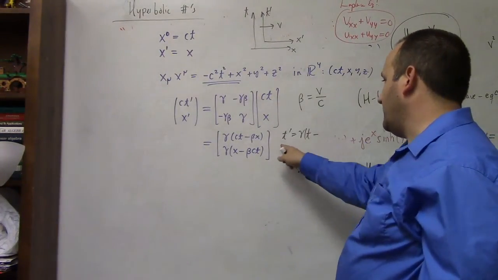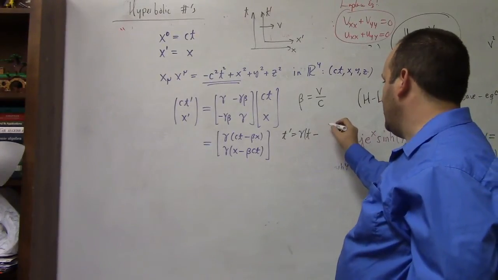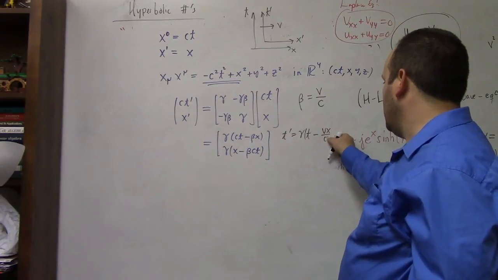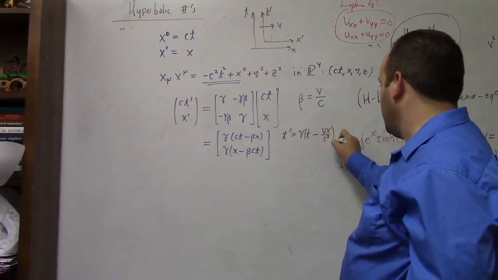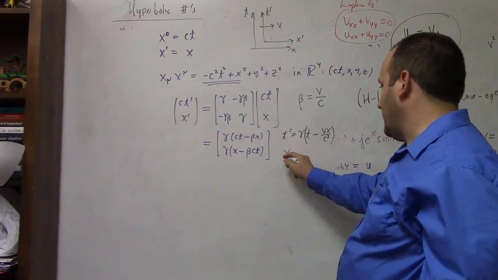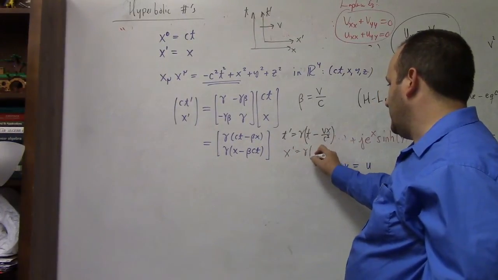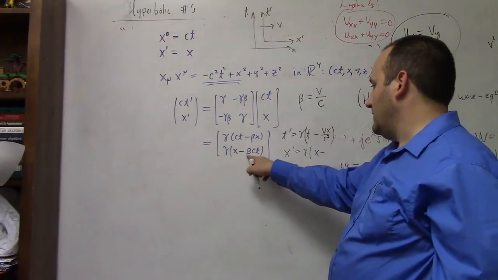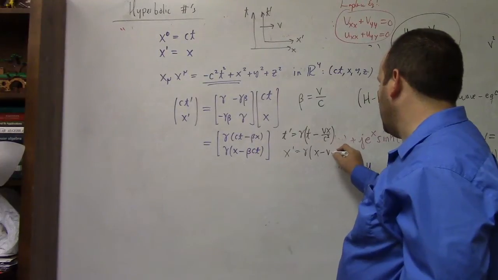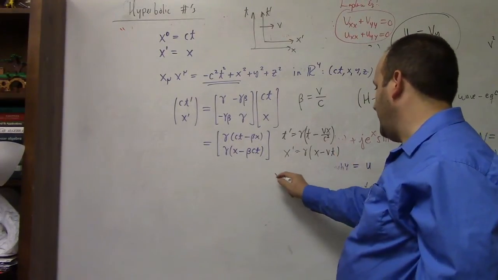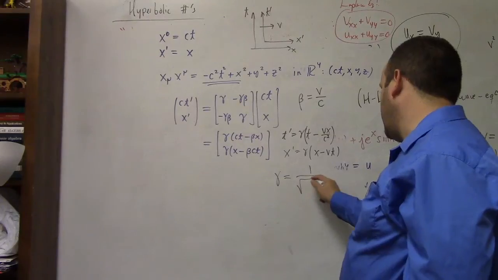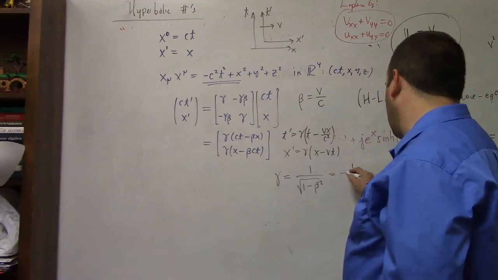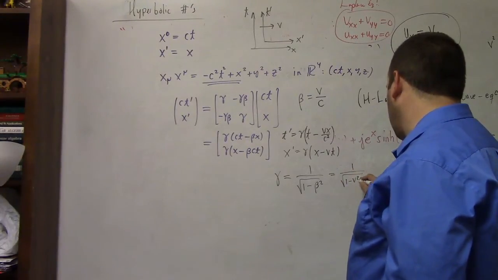And t prime is gamma times t minus vx over c squared. Here are the formulas you tend to see in the introductory physics book. And x prime is gamma times x minus vt, since the c's cancel. And gamma is 1 over the square root of 1 minus beta squared, which is 1 over the square root of 1 minus v squared over c squared.